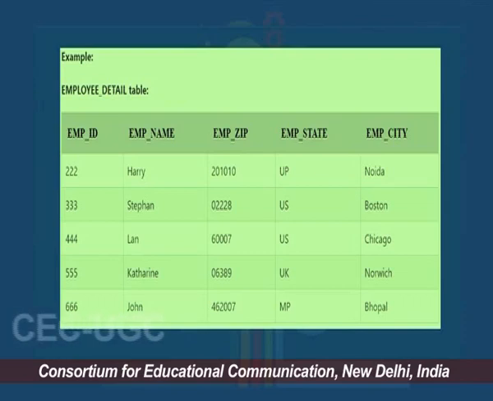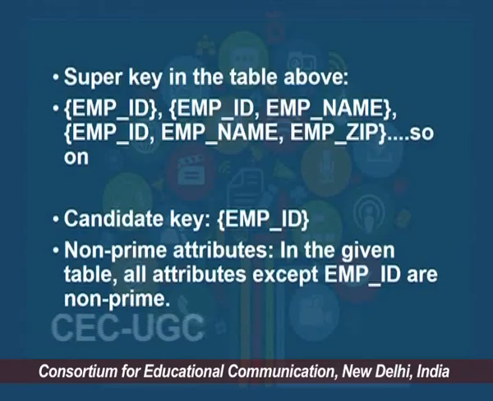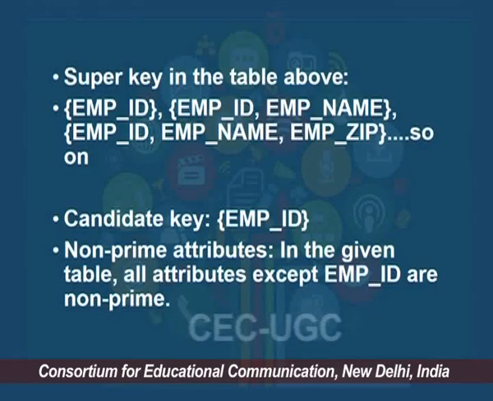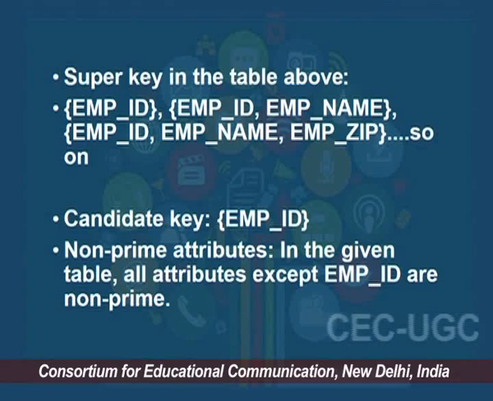All these are super keys. The actual candidate key, for which you cannot have smaller subsets, is the employee ID. And what are the non-prime attributes? All the attributes except employee ID are non-prime attributes.